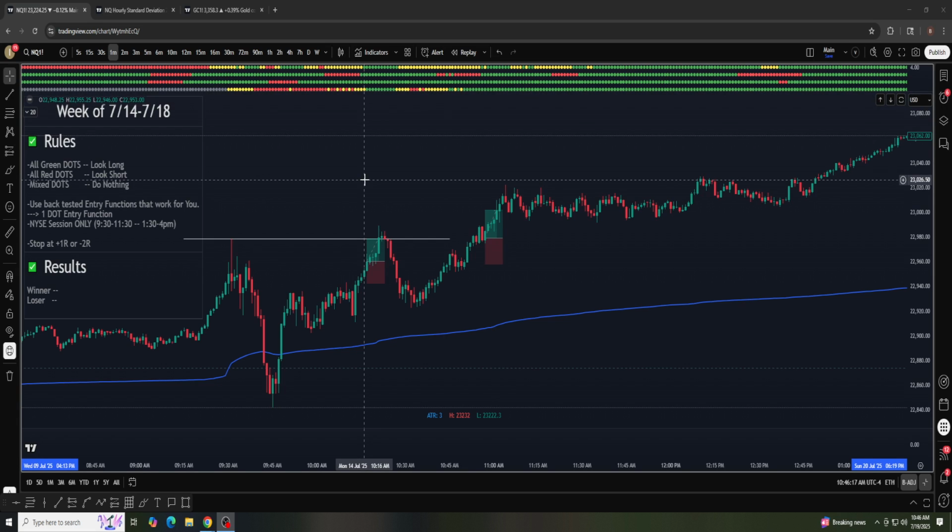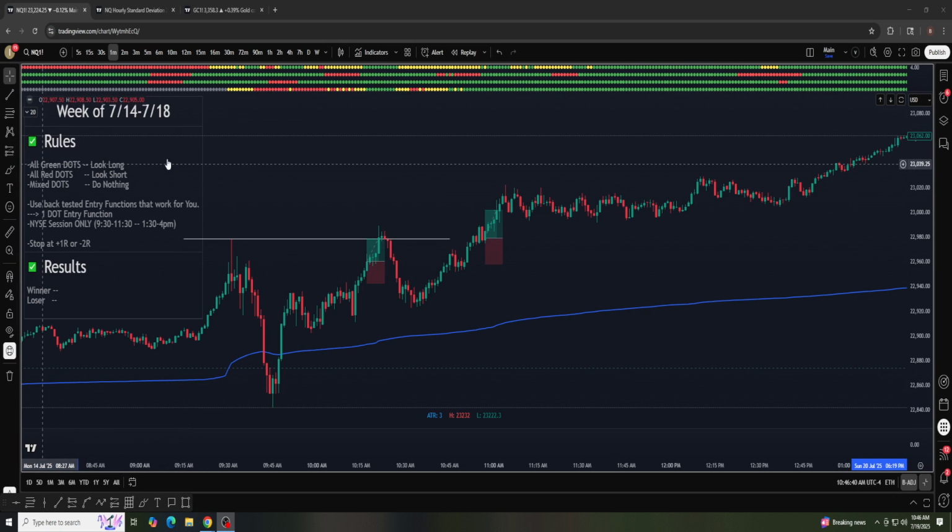It doesn't really account for news or what the ES is doing. This is just a very straightforward strategy that I hope shows how just using this alone can be, again, do your backtesting, a positive expectancy system. So let's just get straight into it.